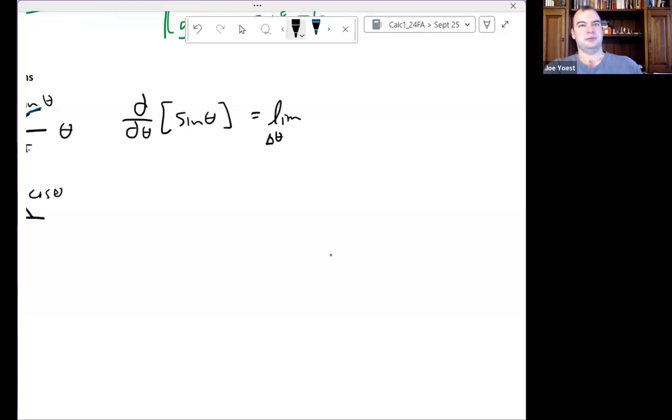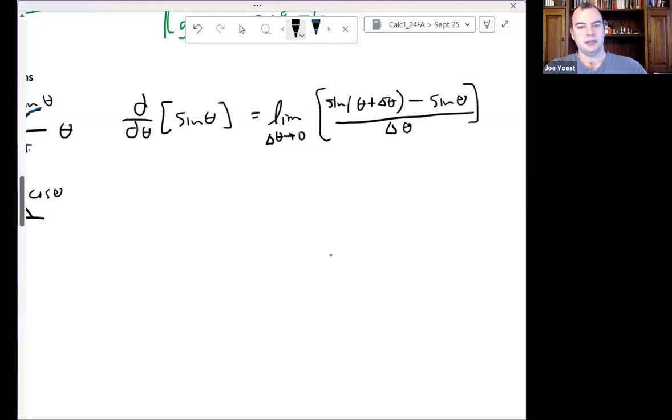We want the limit as delta theta goes to 0 of delta y over delta x, basically, which is sine of theta plus delta theta minus sine theta, over delta theta. Delta theta is like one thing, like h. It isn't two things multiplied together. It's just the change in theta, the change in angle.